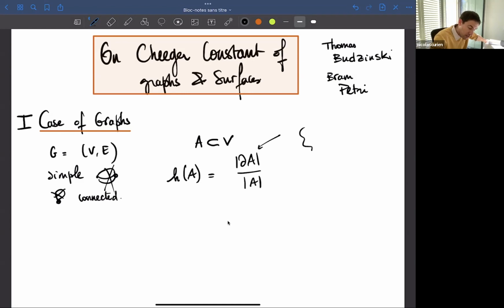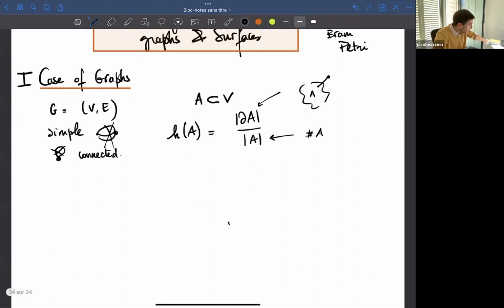The boundary of A is just the edges that have one foot inside A and one foot outside of A, the edges going out from A. And the size of A is just the cardinality of A, the number of vertices. So that's the isoperimetry of a given subset of a graph.